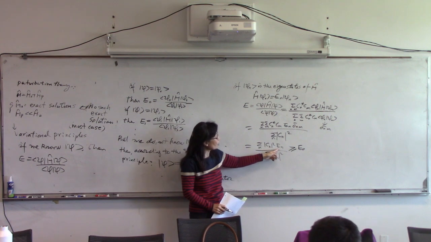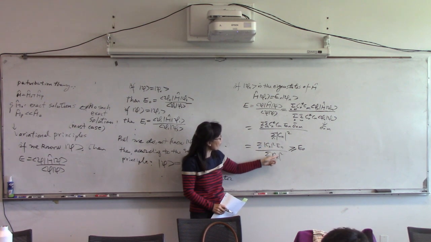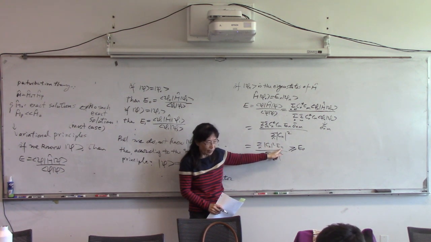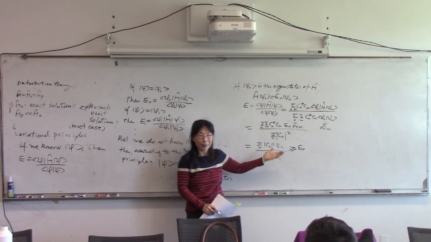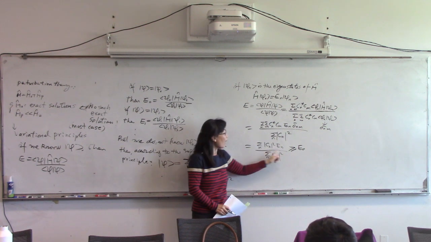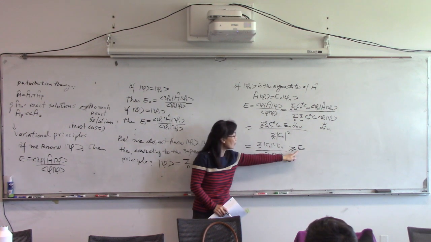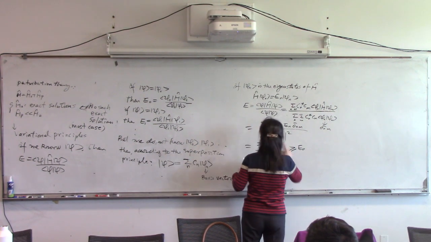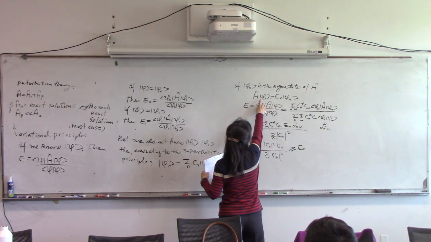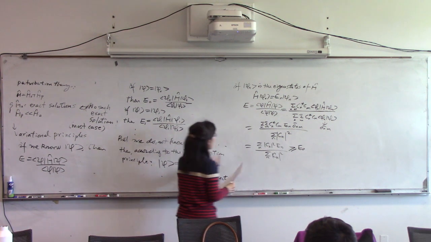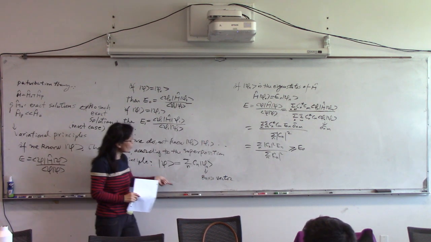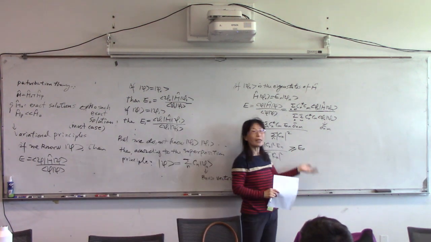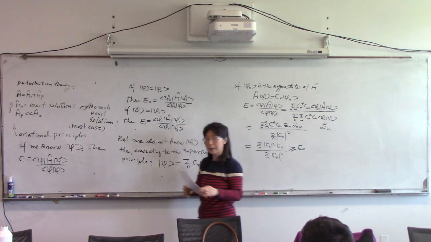If the probability to find the ground state is 1, the others must be 0, because it is a probability. Then that is equal. Otherwise, it is always larger than this one. That makes sense? So even though the eigenstates are used as a basis, for any function, when we do the expectation value, the result is always above the ground state.